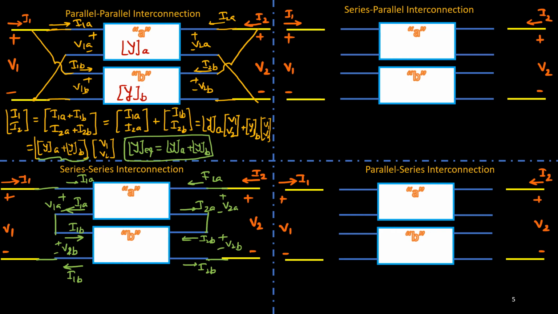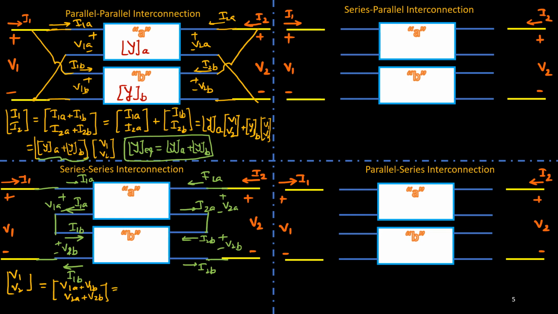So can I write then V1 and V2? V1 is V1A plus V1B, and V2 is V2A plus V2B.